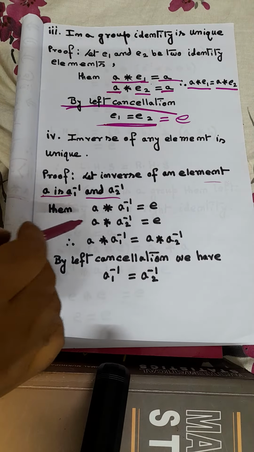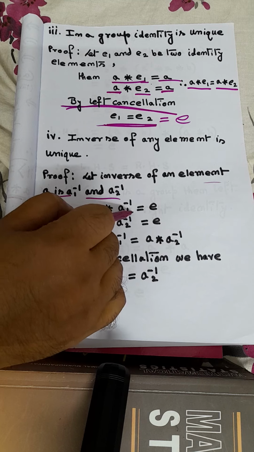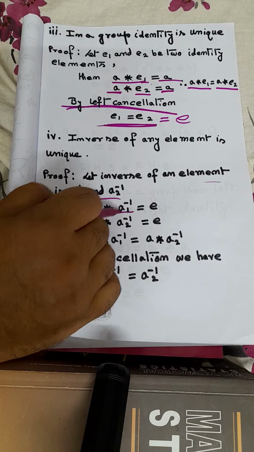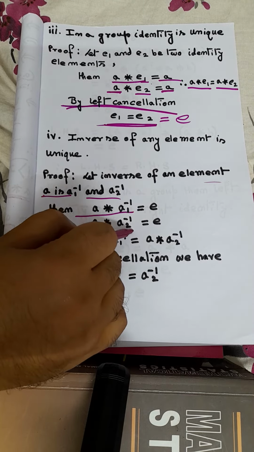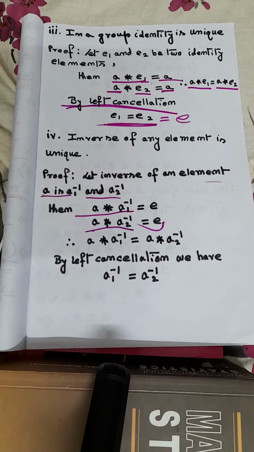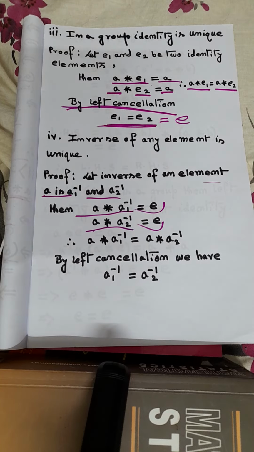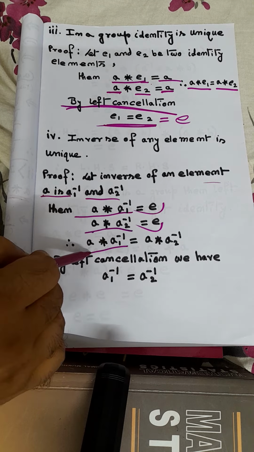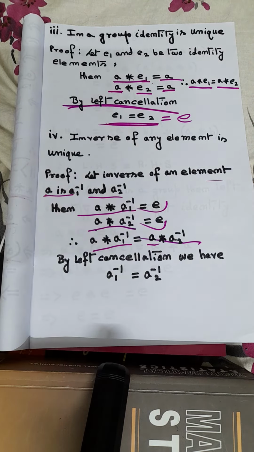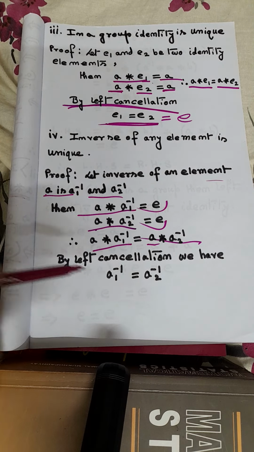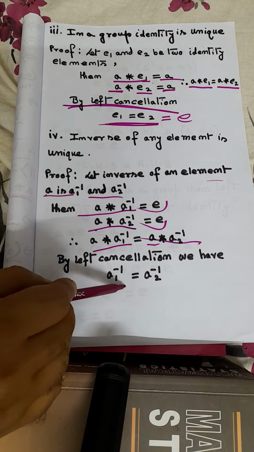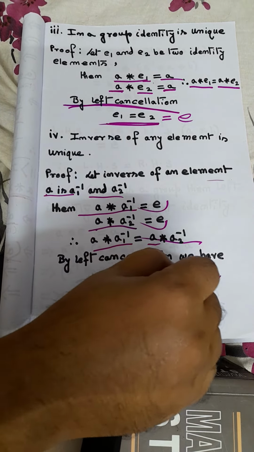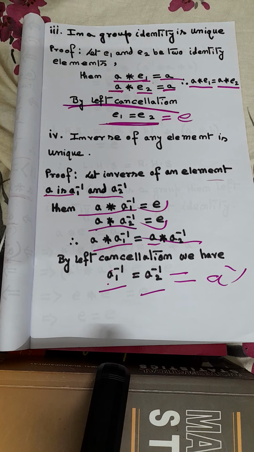Then as per the definition of inverse, a binary operation a1 inverse equals e, and a binary operation a2 inverse also equals e. Then a binary operation a1 inverse equals a binary operation a2 inverse, and by left cancellation a1 inverse equals a2 inverse. That is equal to a inverse, so the inverse is also unique here.